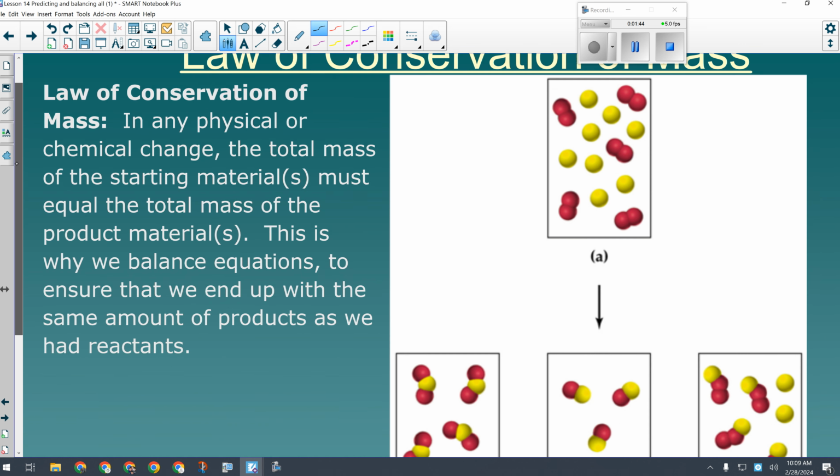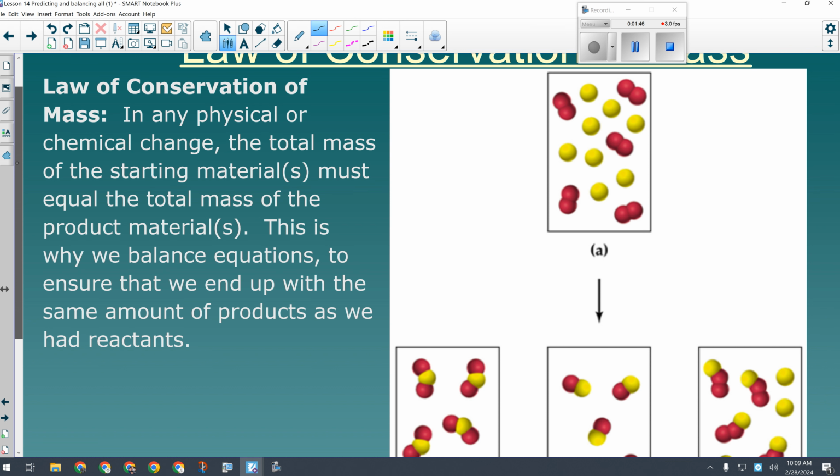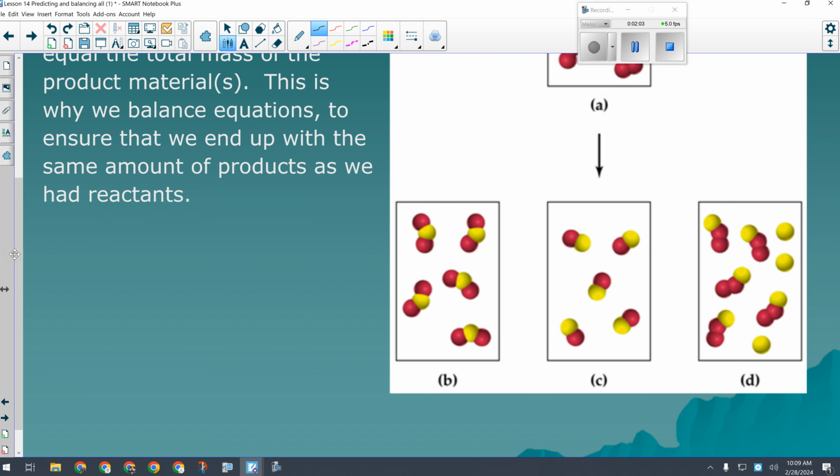All right, if I'm looking at this picture here, this first picture A is the reactants of a reaction. In the reactants, we have 2, 4, 6, 8, 10 red atoms, and we have 2, 4, 6, 8 yellow atoms. So which one of the diagrams of products shows the law of conservation of mass being obeyed?